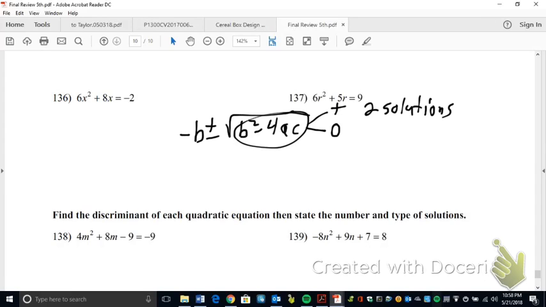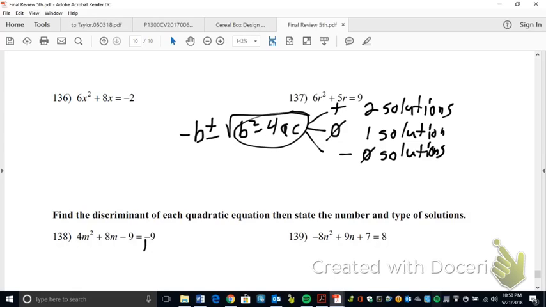If b squared minus 4ac is 0, then we have 1 solution. And if b squared minus 4ac is negative, we have no solutions, because you can't take a square root of a negative number.